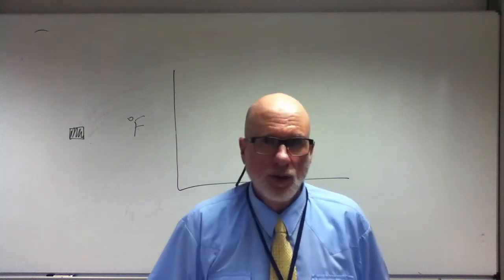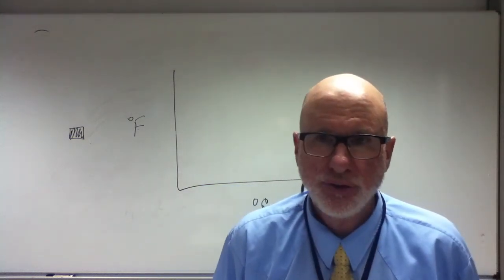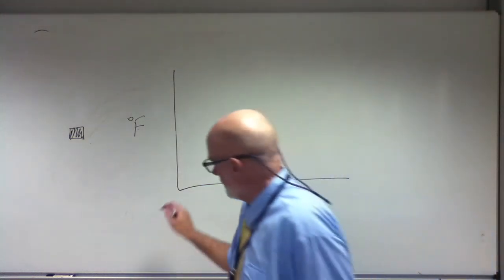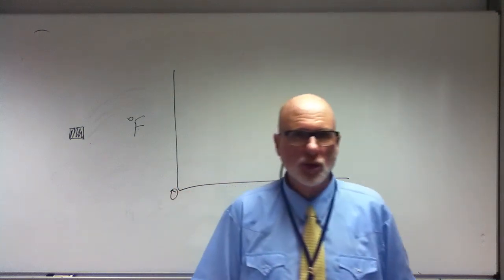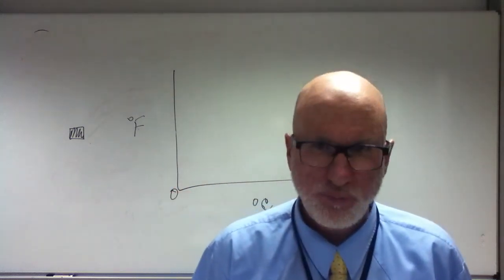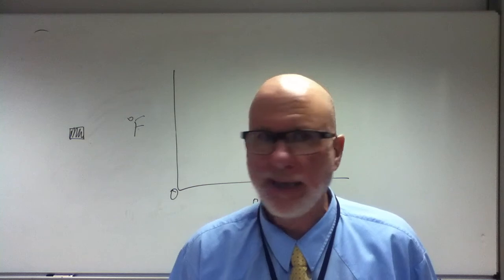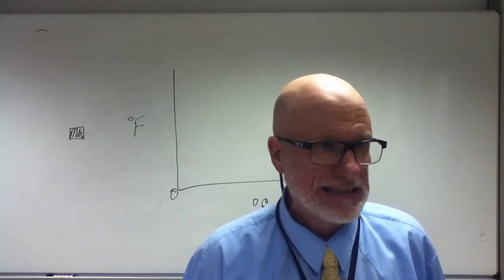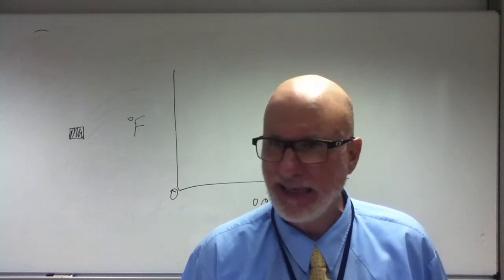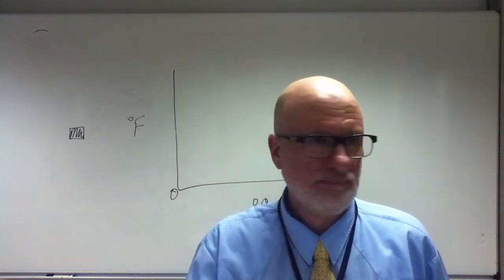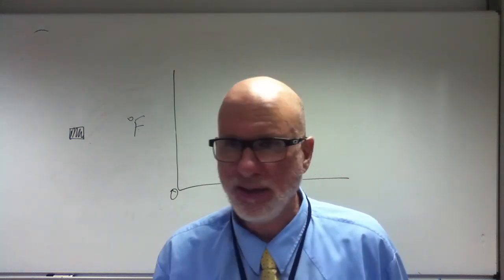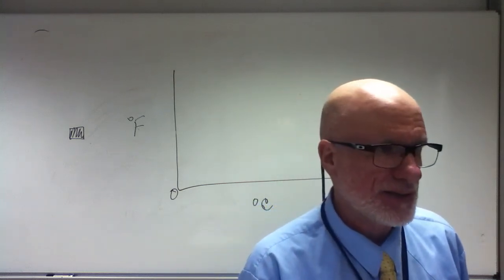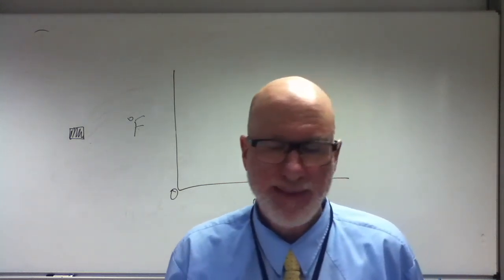Now, they're both going to start at 0. Rule, write this down. When writing a function on a graph, both axes must begin at 0. Absolutely, positively, 110% mandatory.